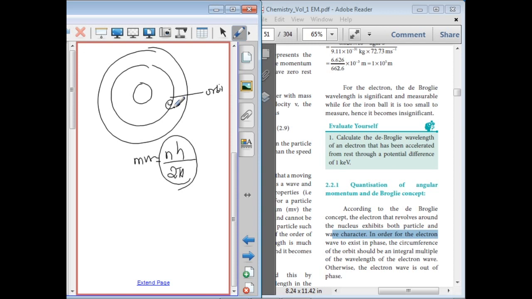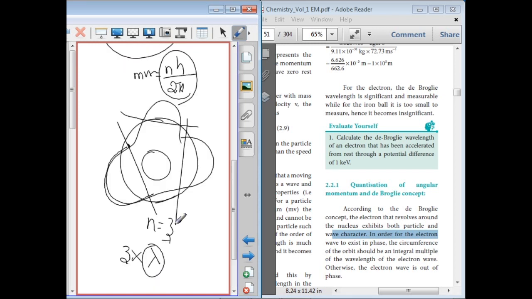For example, it may be the third shell, n equal to 3. Based on the waves, the integral multiple of the waves determines the circumference. Only if it is so can the electrons revolve in this orbit.